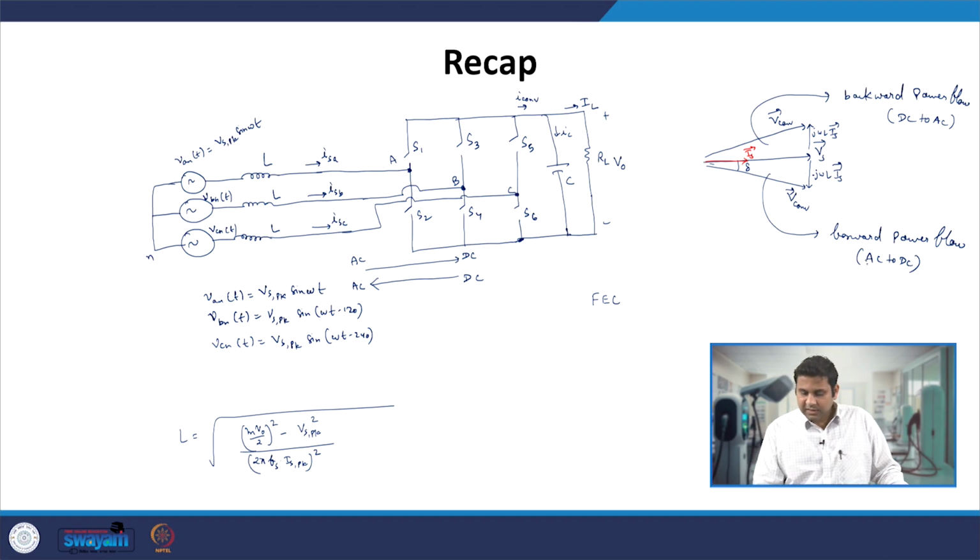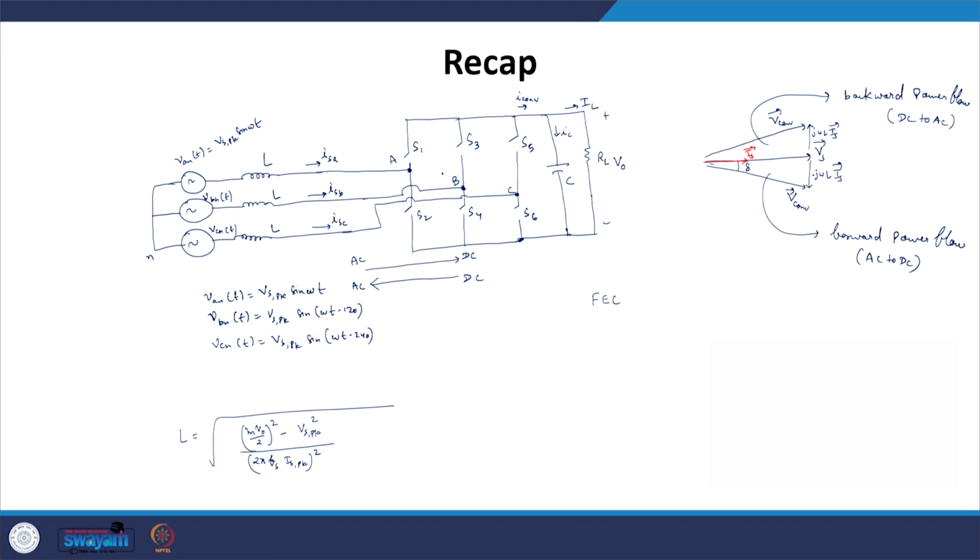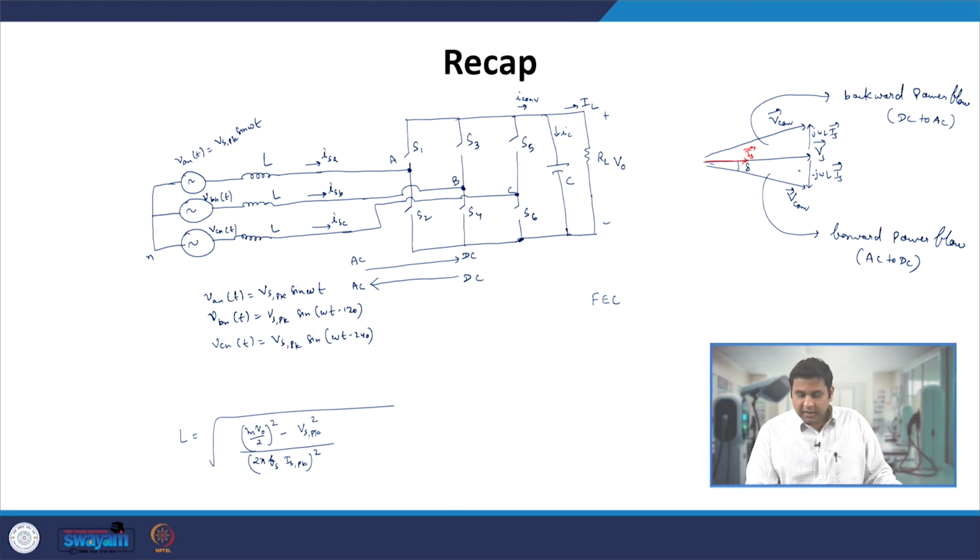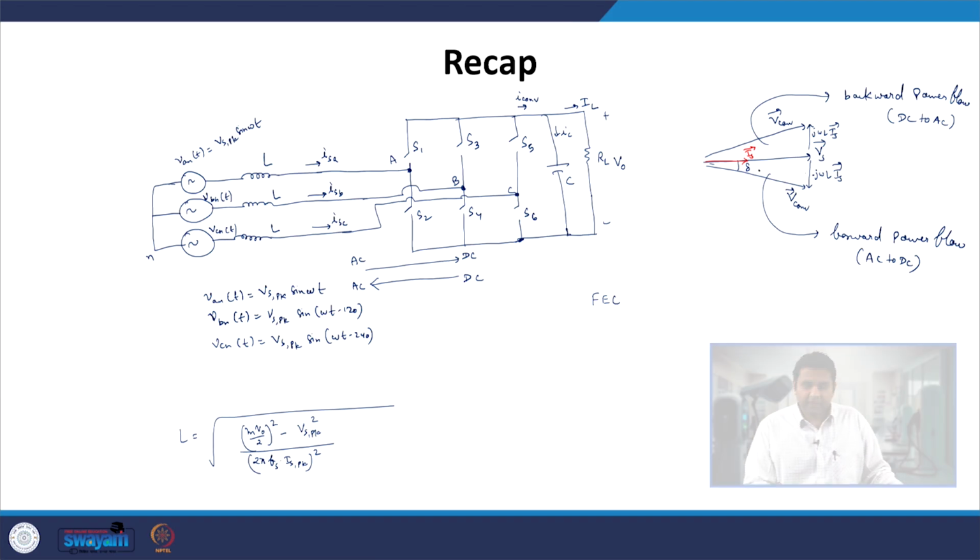Whenever power has to flow from the AC source to the converter side, we apply the voltage through the converter at a phase lag of delta, and in that case we ensure that the current is being drawn from the source to the converter, following the unity power factor current.